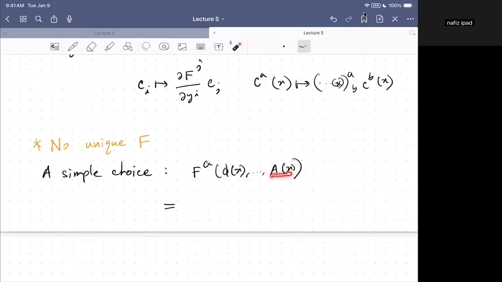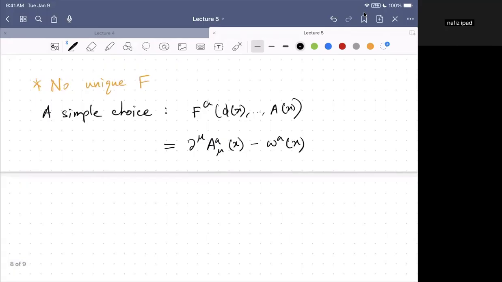Because in any gauge theory, of course, you have the gauge field, whatever else you have or may not have. So a very simple choice is this. Just take the divergence of your gauge field shifted by a completely arbitrary function, Lie algebra valued.